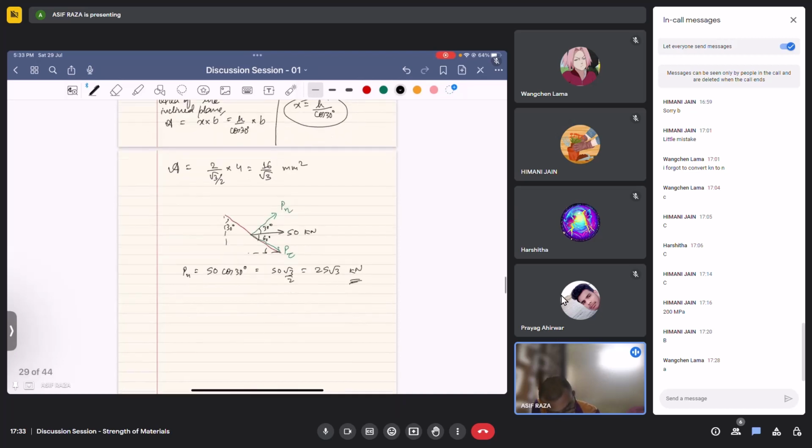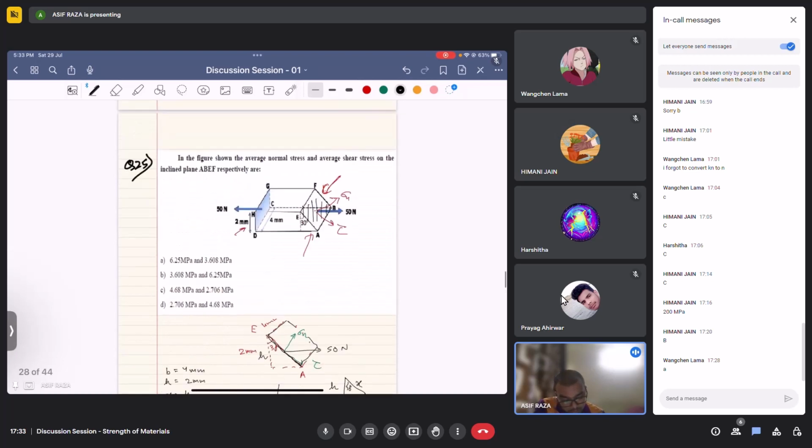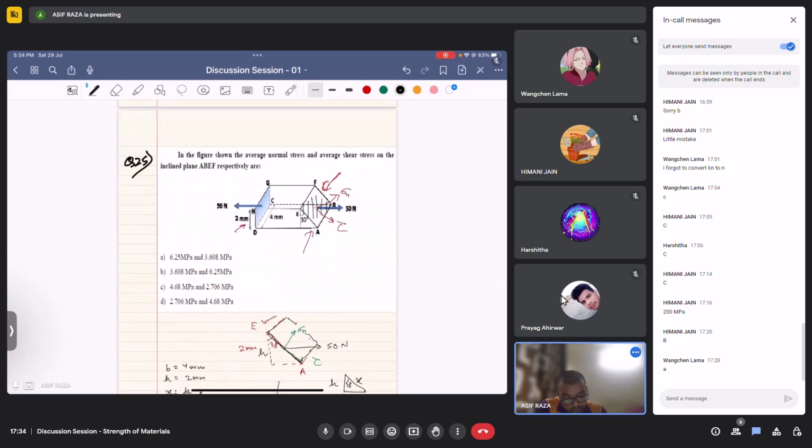And P tau is 50 cos 60, that is 50 into 1 by 2, 25 kilonewton. So forces are also resolved. Now we just need to calculate the stresses. So average normal stress and average shear stress.